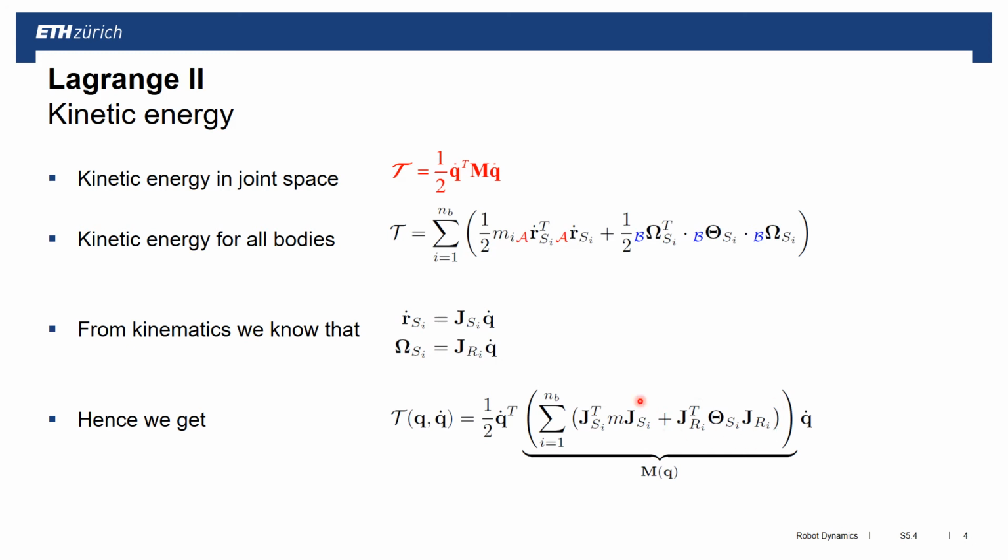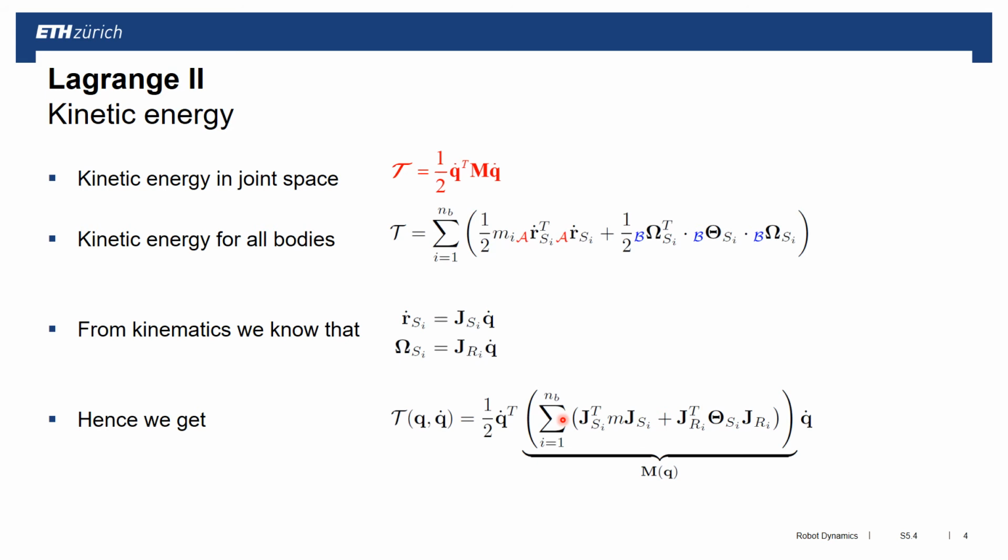So we have the linear part and the rotation part, and since we can bring out the q dots here, and we know from the formula up here that we have kinetic energy equal to 1/2 q dot transposed M q dot, we can simply see here in the middle the mass matrix.